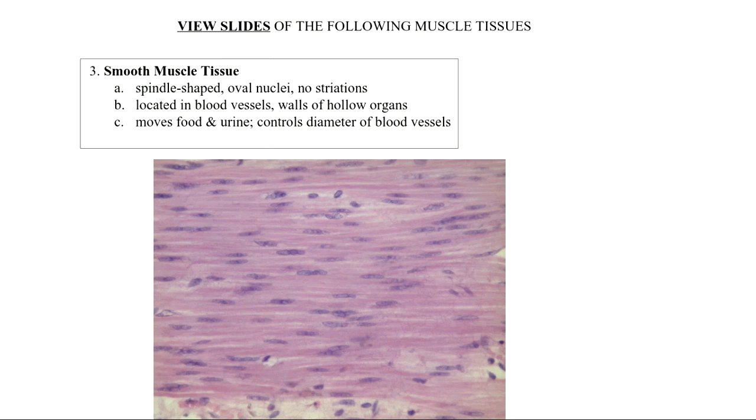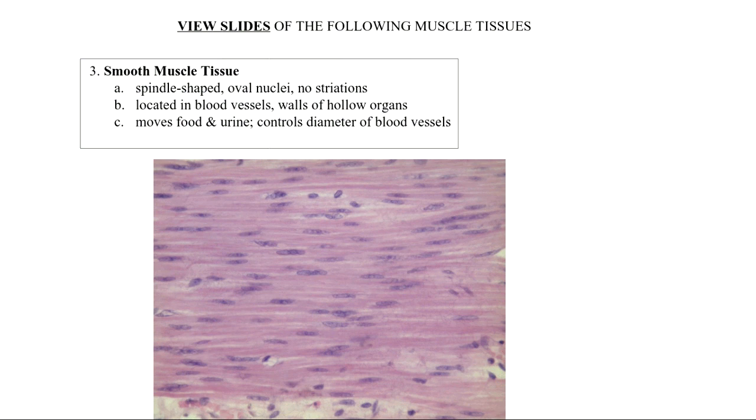And the last type of muscle tissue is called smooth muscle tissue. Smooth muscle tissue is not striated, right? There are no stripes that you see in cardiac and skeletal. The nuclei are a little more oval. It's a little more consistent in terms of appearance. And we see this throughout the body, right?